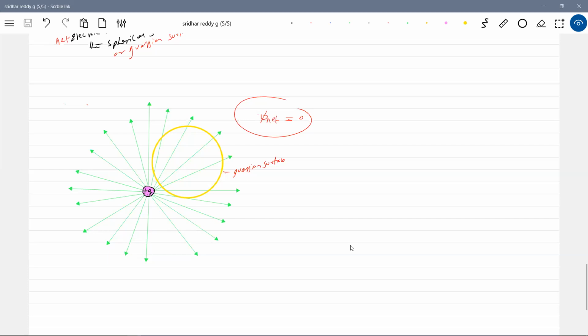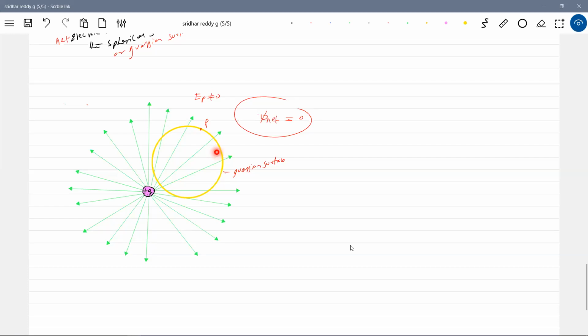Now, what about the field strength at point P? Non-zero, no? The field strength due to this point charge, whether you imagine this Gaussian surface or not, will be there. So what is this Gaussian surface? It's an imaginary surface which we have brought to understand the electrostatic field. Getting the idea?